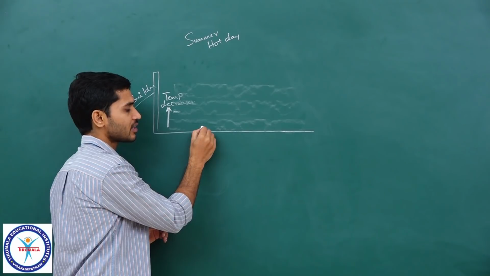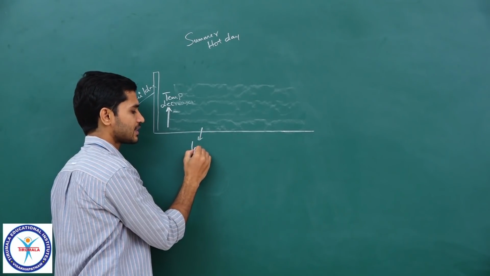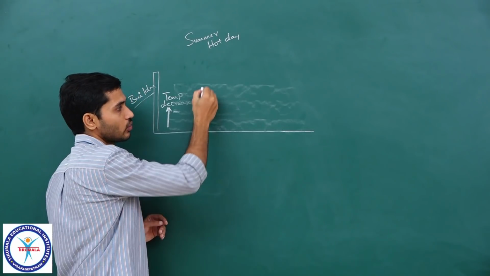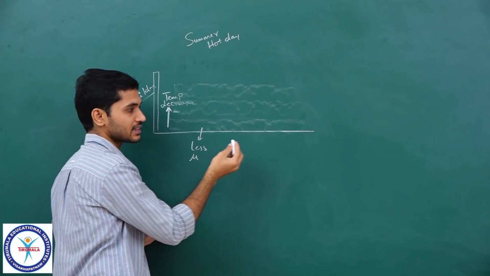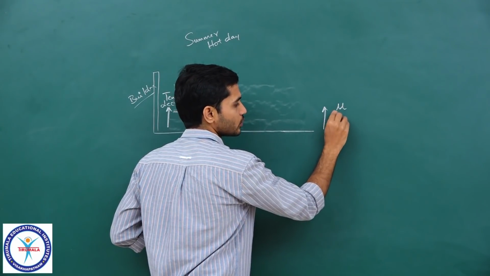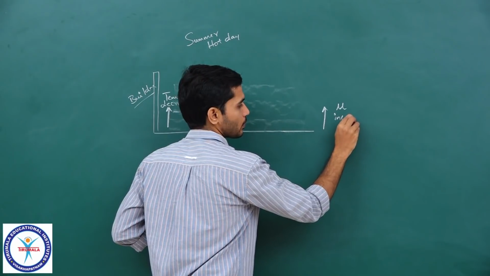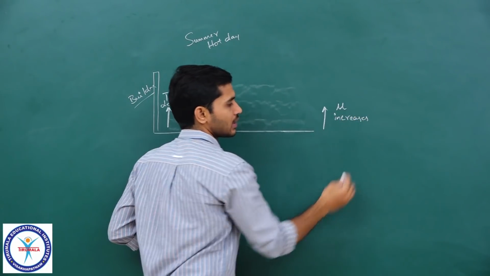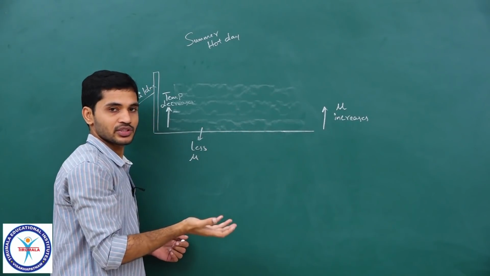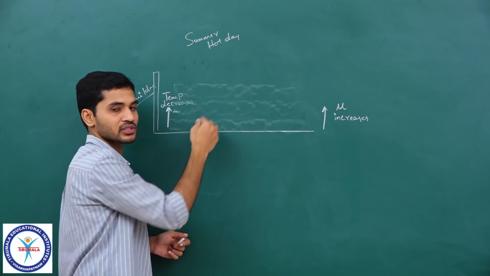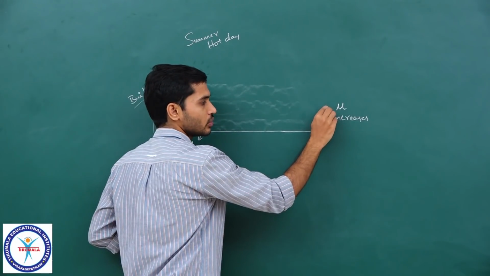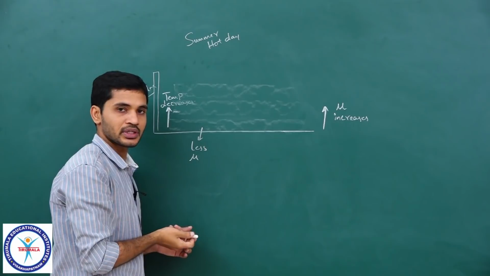The one with higher temperature will also have less refractive index, less mu, and as I go up, the value of mu increases. So, I will write that down over here. As I go up, the value of mu increases. This variation will be larger in summer generally, because the temperature variation will also be larger during summer. So, the variation in mu will also be larger during summer.